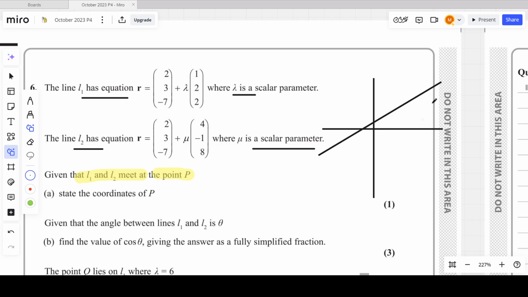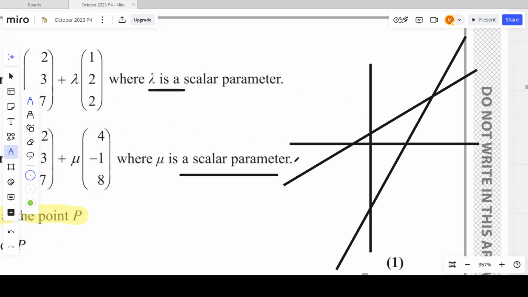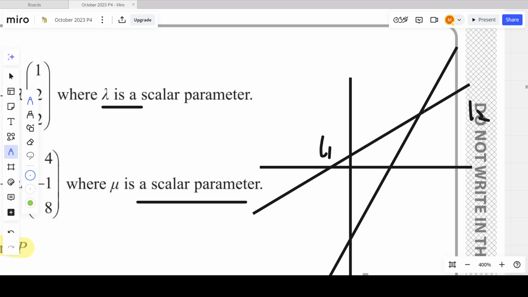And consider line L2 goes like this. The two lines L1 and L2 are intersecting each other at this point, which is basically the point P, right?